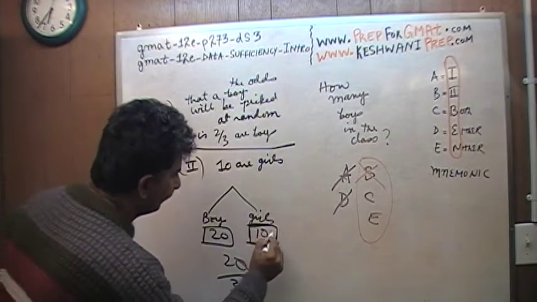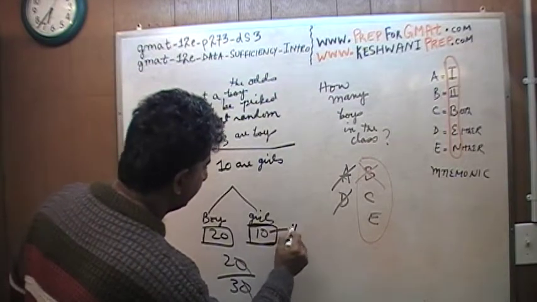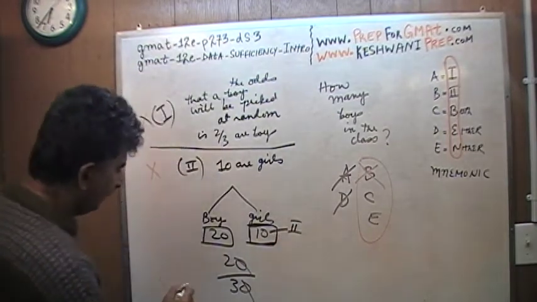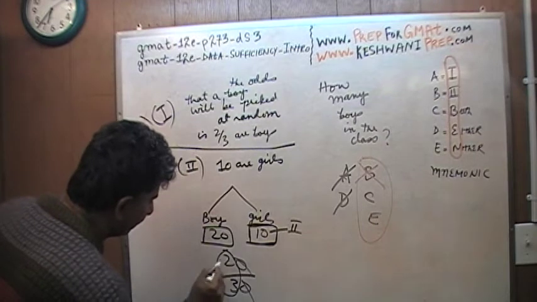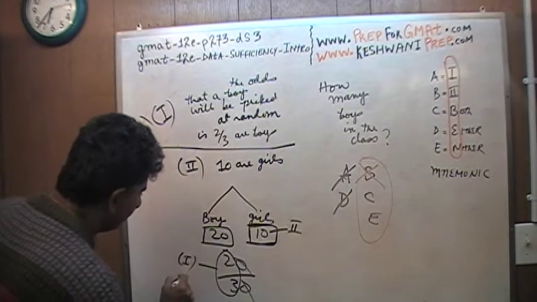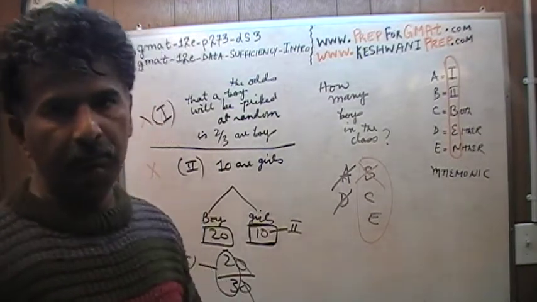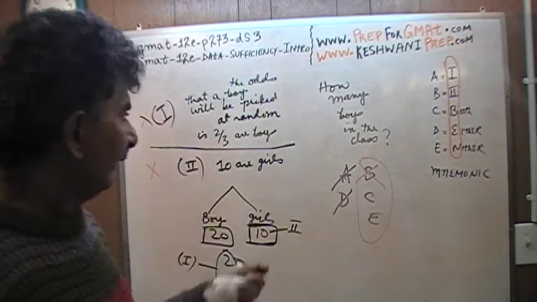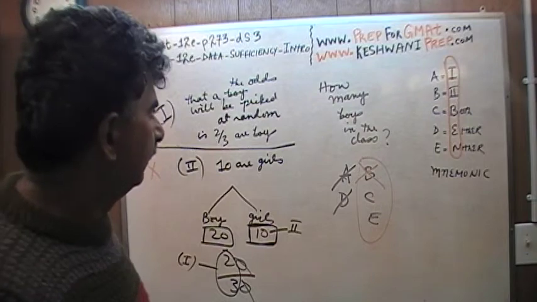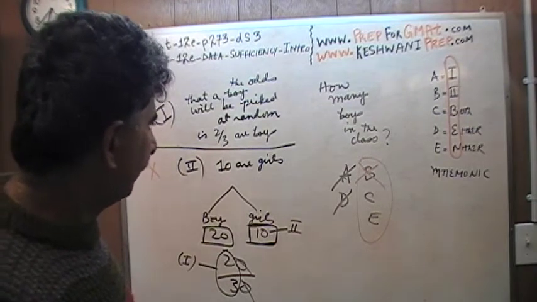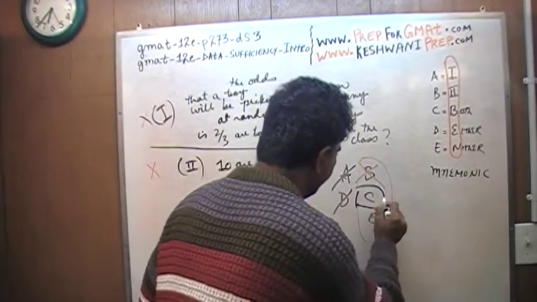This comes from the second statement, and the fact that the odds of picking a boy is 2/3 comes from the first statement. Putting them together, I arrive at the conclusion that there must be 20 boys in the class. And therefore, in this problem, we need both of the statements. The answer would have been C.